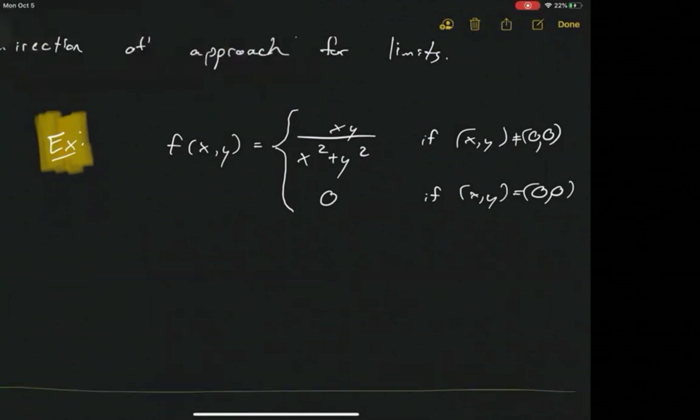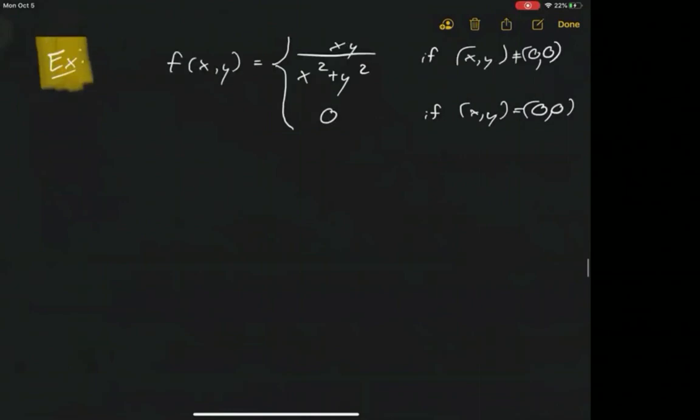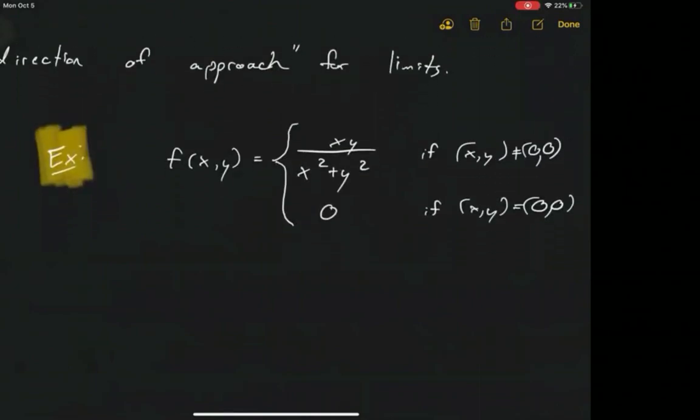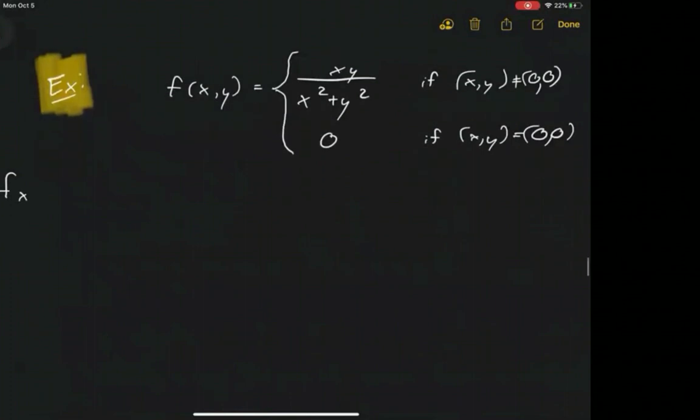There are some nice figures to go along with this example. As an exercise, try to compute f sub x, the partial derivative with respect to x, and the partial derivative with respect to y, and then consider these partial derivatives close to the origin, close to 0, 0.